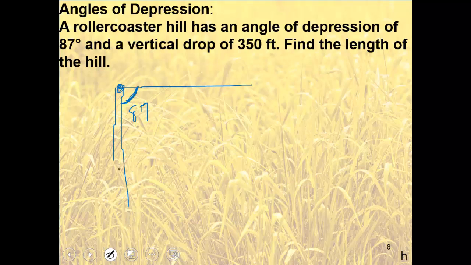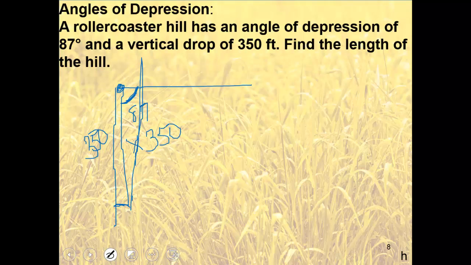So our vertical drop is 350. And we're looking for the length of the hill. Well, there's a couple ways we can do this. If this is 350, then over here is also 350, right? This is going to be almost foot by foot.